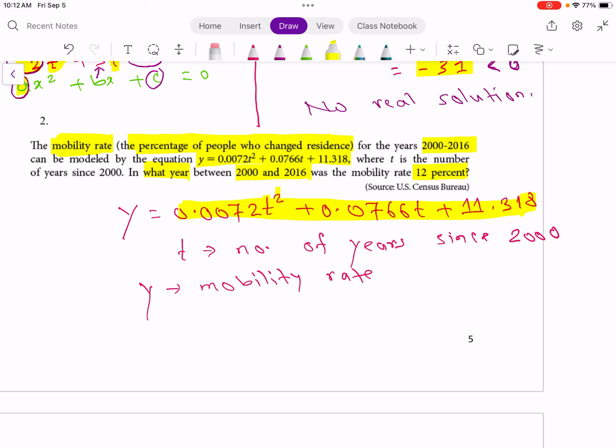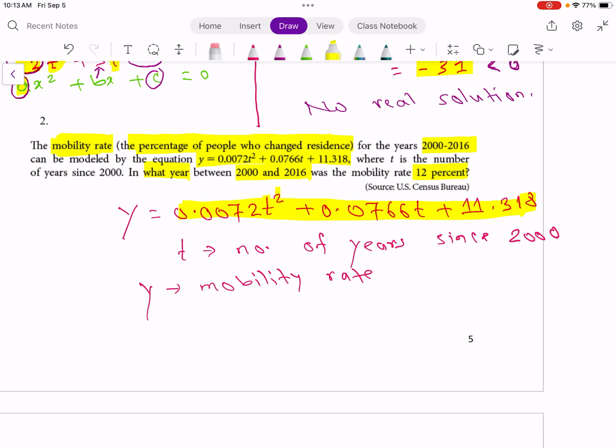In what year? Which variable are we trying to find, y or t? Y. Okay, let's read one more time. Our y represents the mobility rate, the percentage of people. t is the number of years since 2000.